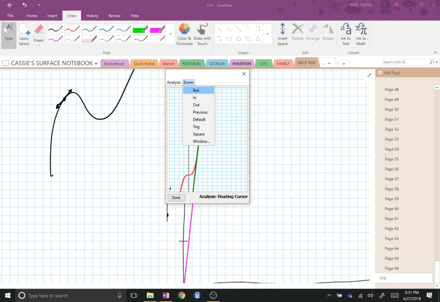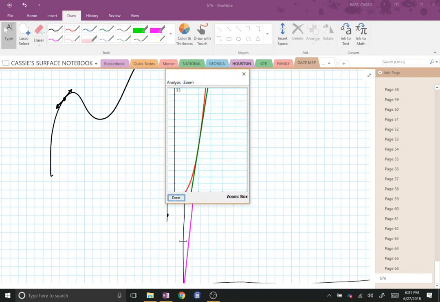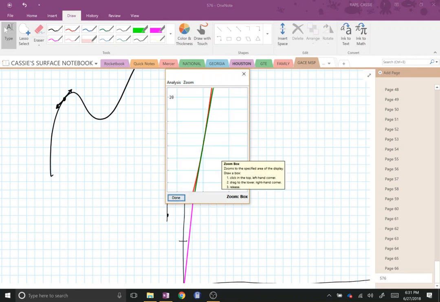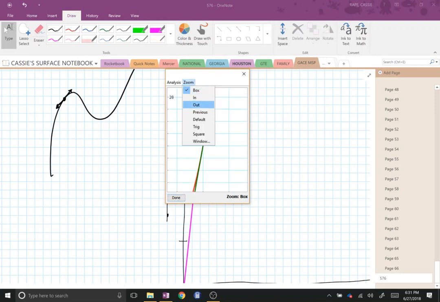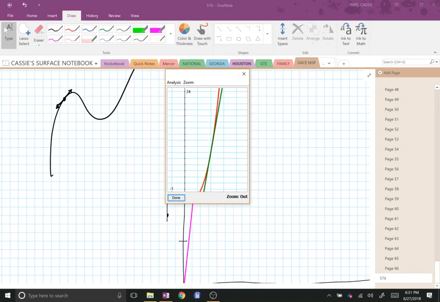I'm going to zoom in and make sure it doesn't look like it's crossing at two different places, because oftentimes a tangent will look so close to the function that it looks like they're traveling on the same path. I want you to notice there's no separation between them. I think that option B is a very good candidate for tangent.